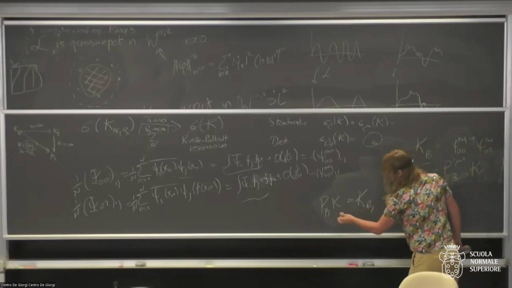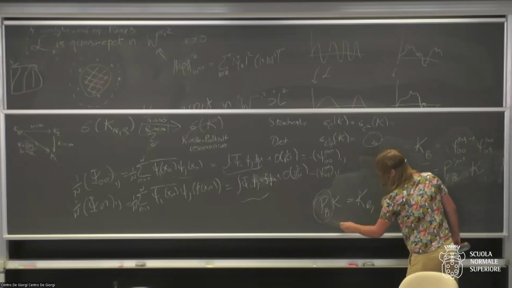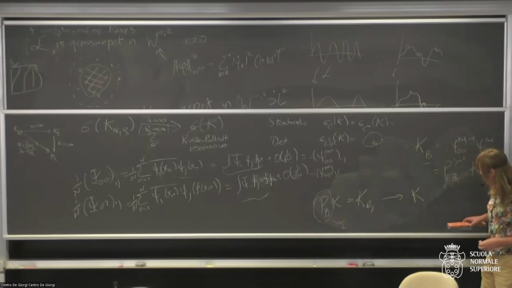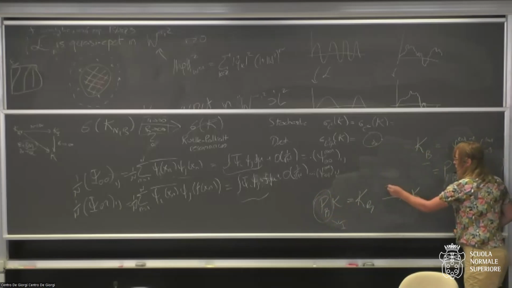So this projection question is more or less, how does this converge to the identity, at least when you put K in front of it?